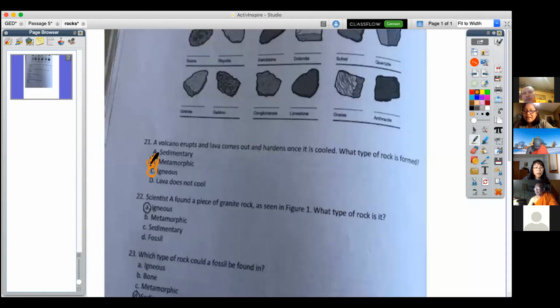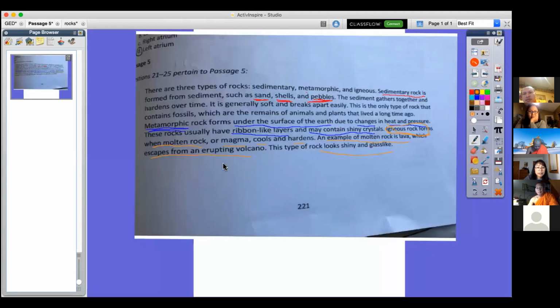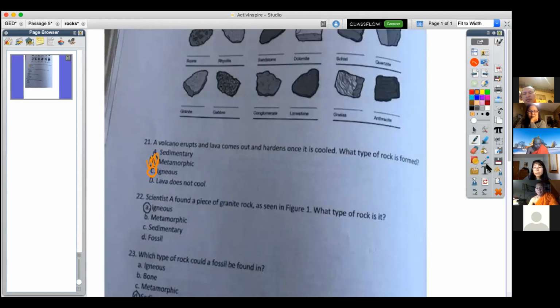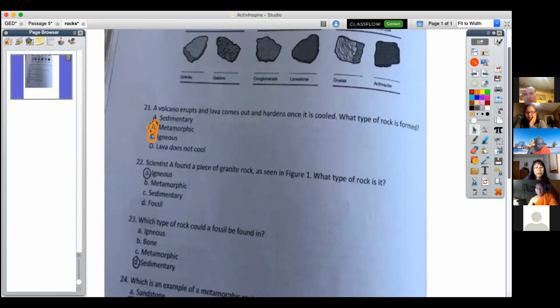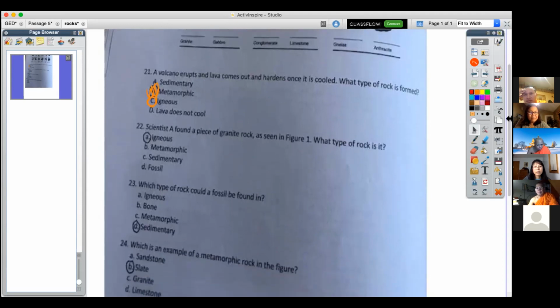So when you're taking the test, you kind of go back, read it, highlight it, and then go back and read the question again. Okay? Good? All right, so it is C, right?